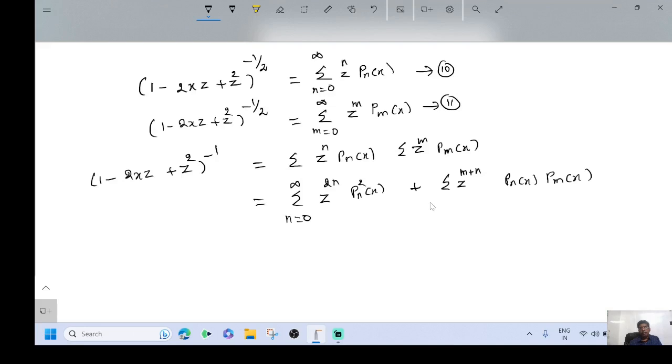Here m not equal to n. Here m is equal to n.